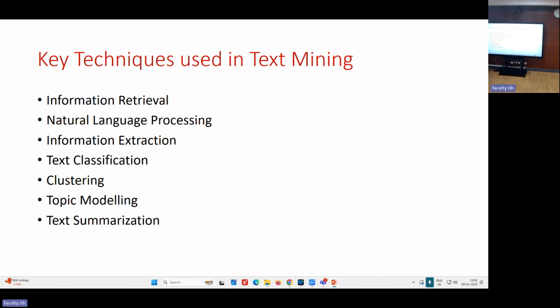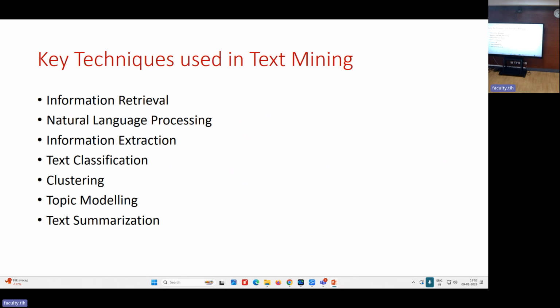Any other query? No, no, no, no, no, no. RNN part we are not covering.